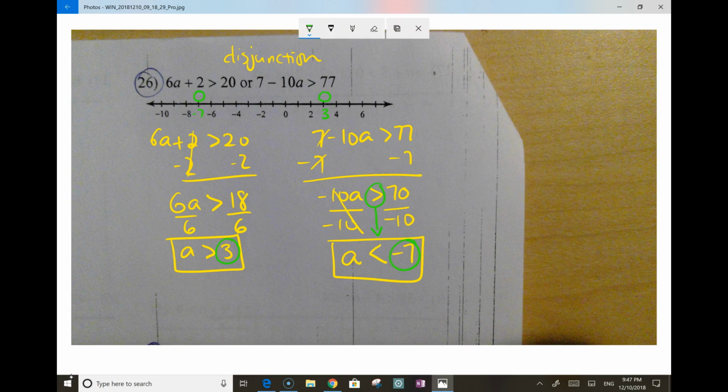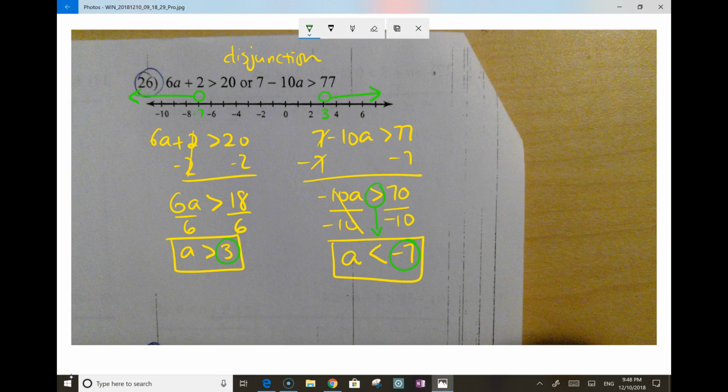Now, when you're at 3, you want numbers that are only greater, which means you have to go to the right of 3, because that's the only direction where the numbers become increasingly bigger than 3. When you're at negative 7, you want values that are only smaller than negative 7, which means you must go left, because going left on a number line means that your values are becoming smaller and smaller and smaller.